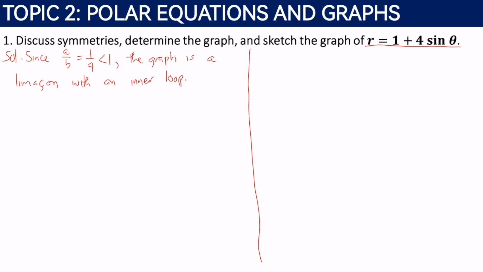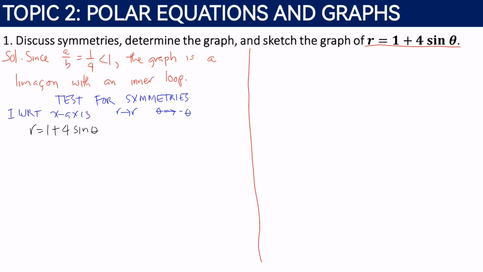Okay, let's now proceed to checking if there is symmetry. So, test for symmetries. Let's start with checking if there is symmetry with respect to x-axis. Here we retain r, replace theta with negative theta. So let me copy first the given. It's r equal to 1 plus 4 sine of theta.